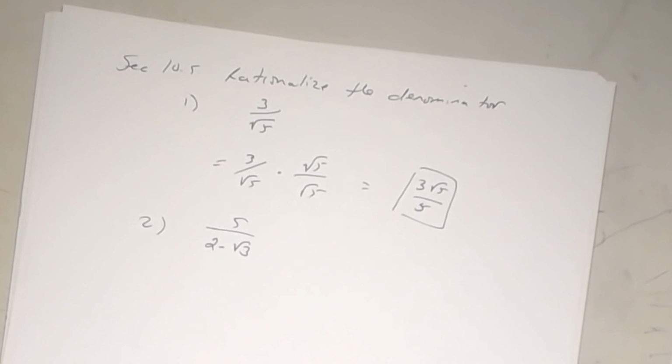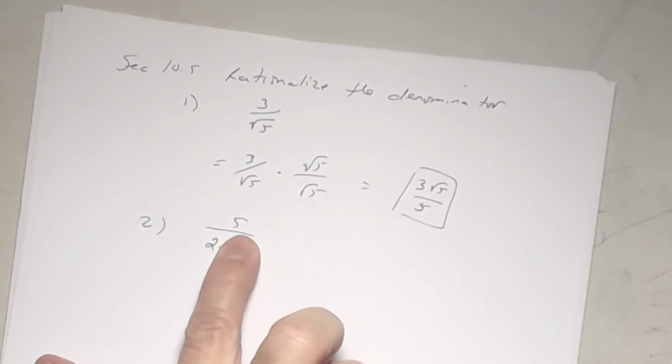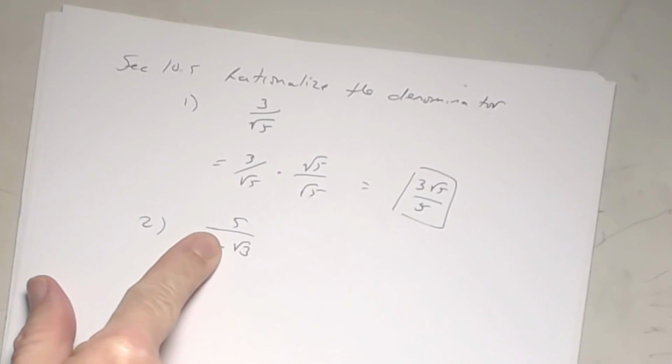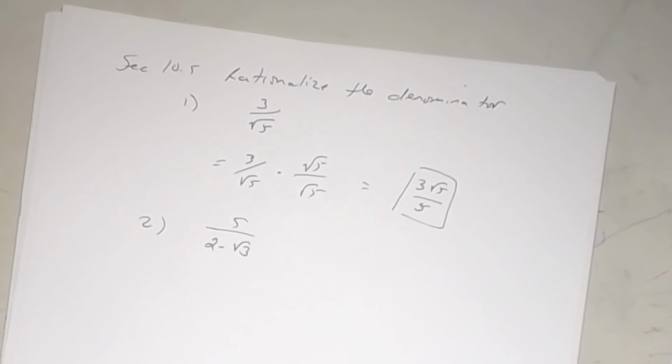Number 2, the denominator has how many terms? 2. But it's still an irrational number because there's a square root of 3 there. If it was just 2, it would be rational. If it was just the square root of 3, it would be irrational. But a rational number plus an irrational number is going to be an irrational number. So this is still irrational.